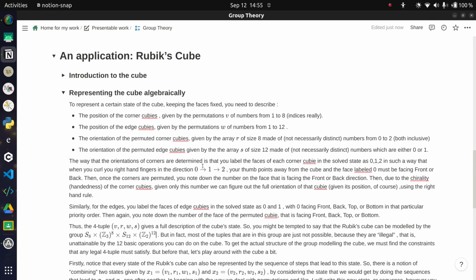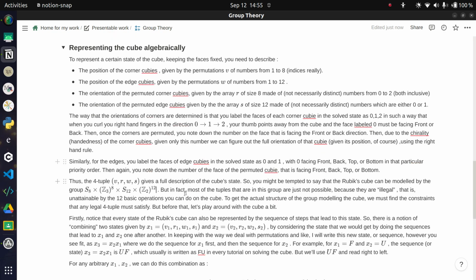So read all of this to get an actual idea of what's going on, but the main idea is that you represent the cube algebraically with a 4-tuple, but most of the 4-tuples are in fact illegal. Whatever state of the cube it's representing, you can't actually get to that state without doing something that's not supposed to be done. The only basic operations you can do on the cube are the 12 basic operations: rotate front clockwise, anti-clockwise, right clockwise, anti-clockwise, all that stuff.